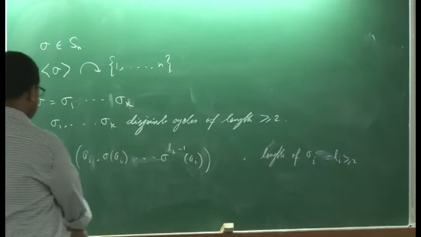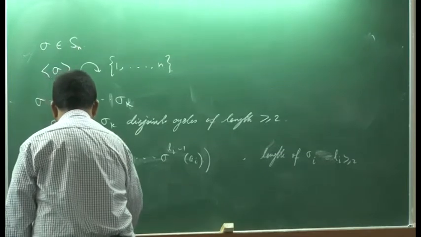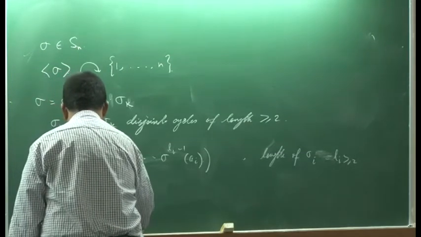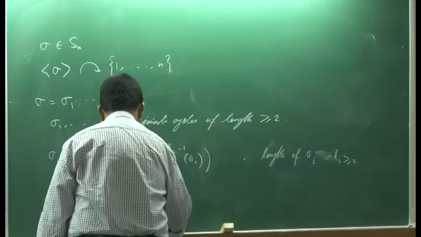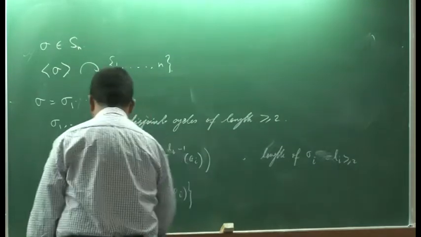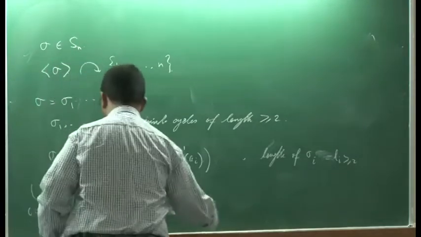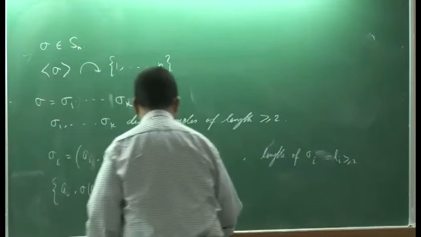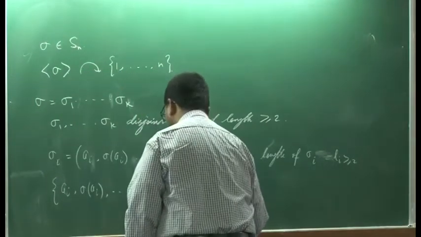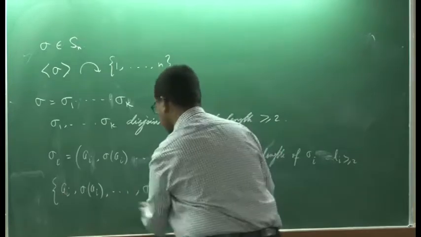Okay. Then it is easy to see that the sets {a_i, sigma a_i, ..., sigma^(l_i - 1) a_i}, i from 1 up to k, form a collection. So, for each i we have a subset.